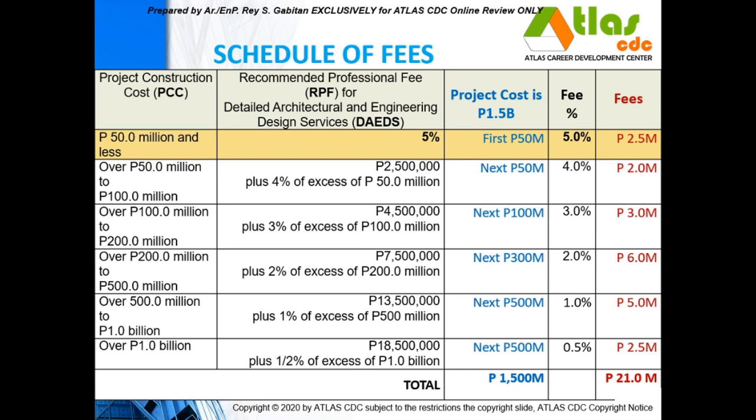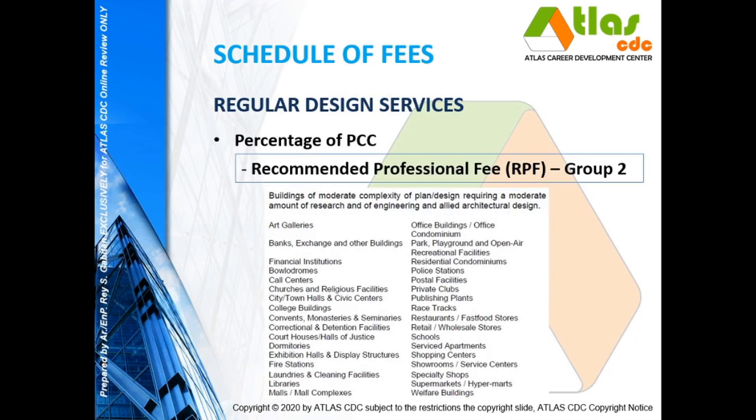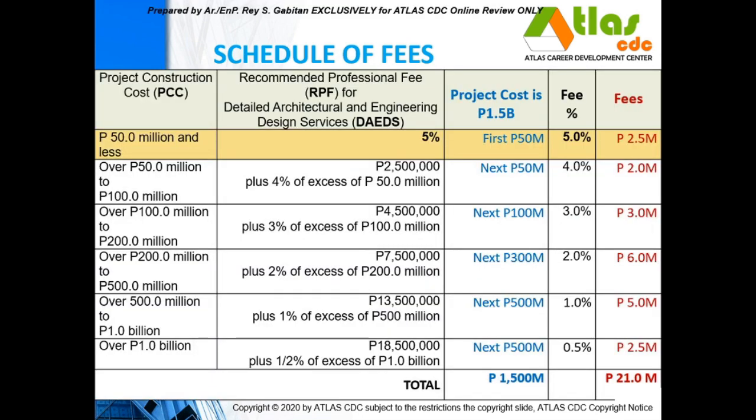So halimbawa, you have this project, a project cost for a Group 1 building at 1.5 billion pesos. And you are doing detailed architectural and engineering design services, or DAEDS. So you have chosen 5.